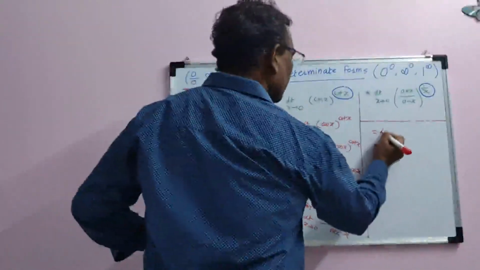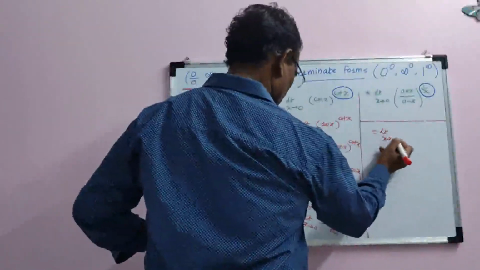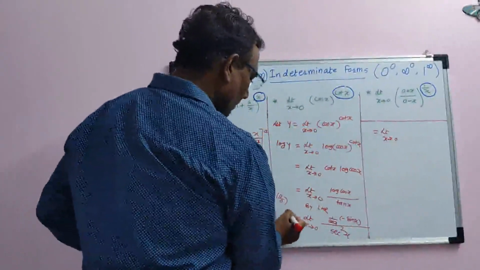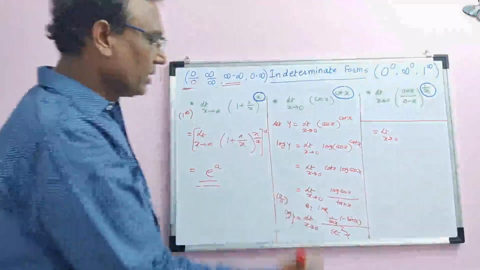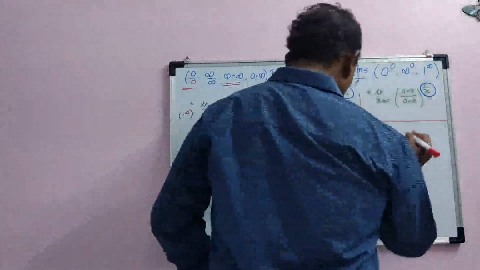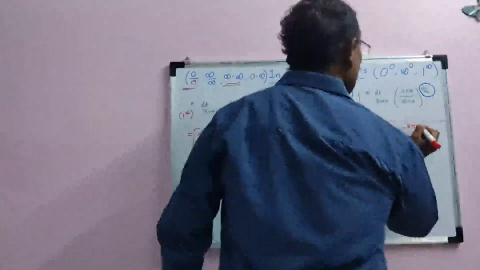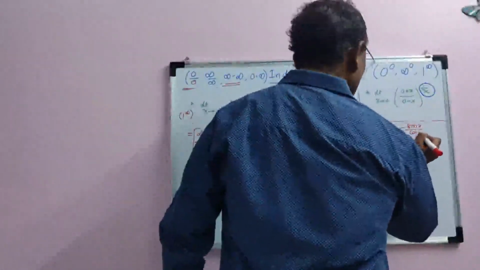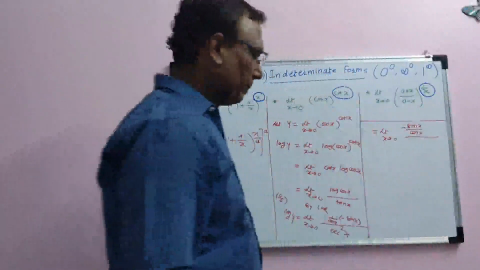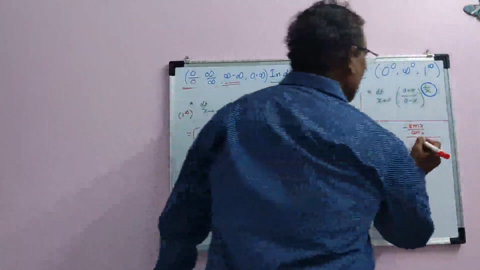Now next step, limit x tends to 0. We are solving log y, no? Log y we are solving. Try to simplify it: minus sin x by cos x, and sec square is 1 by cos square.